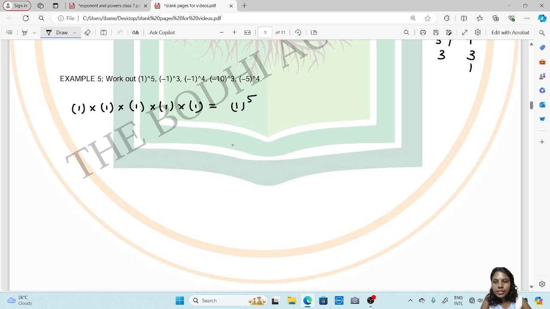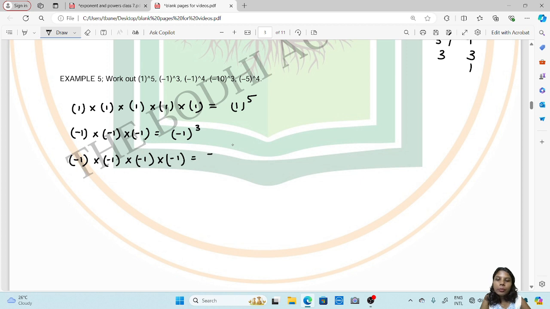Now let's look at this example. What is different here is that there is a negative sign. So here we have to multiply it thrice. So minus 1 into minus 1 into minus 1. So this is what? Minus 1 raised to cube. Then here again there is minus 1 raised to 4. So 4 times multiplication.